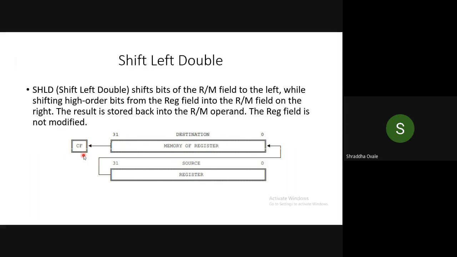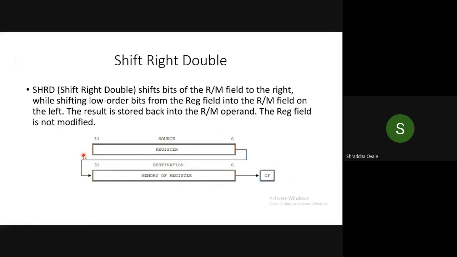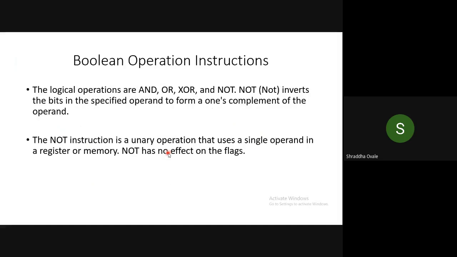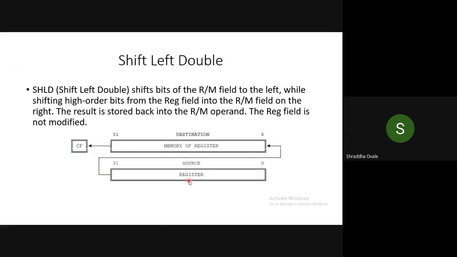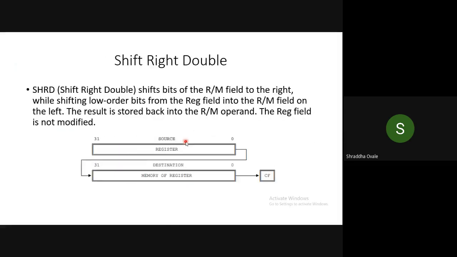Then again we will see the same thing but the opposite way. Now see over here, your source is your register and your memory of register is your destination. Now in this case what is happening? See, earlier the source was below and the destination was above. Now here the source is above and the destination is below.